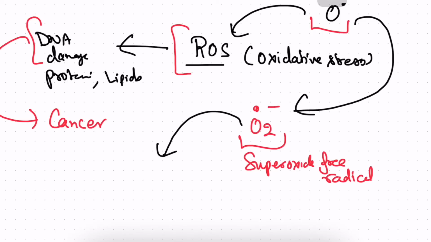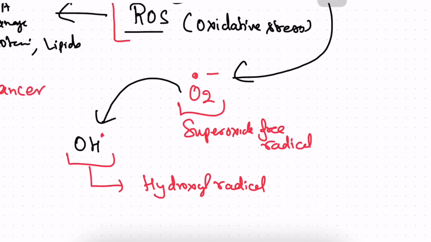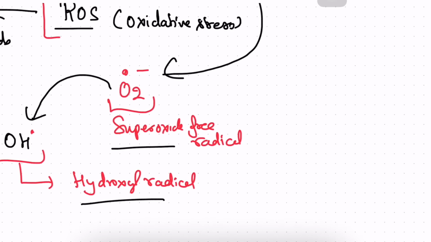Now these superoxide free radicals can donate the electron to form hydroxyl radical. Now the hydroxyl radicals are being produced, so it is going to create a chain of reactions. Here you see the formation of superoxide free radical and hydroxyl free radicals.